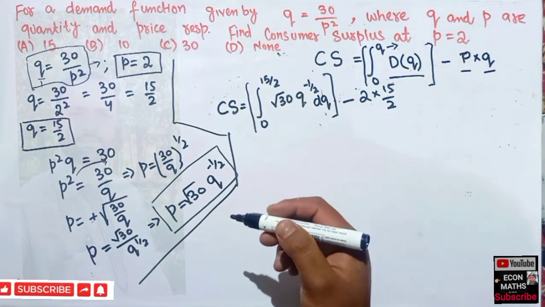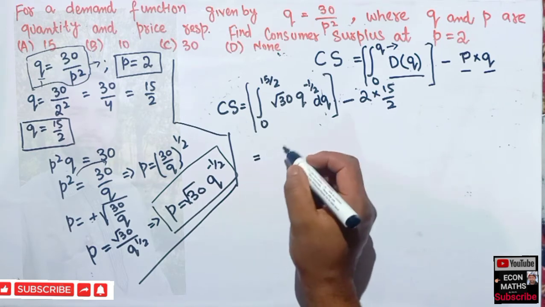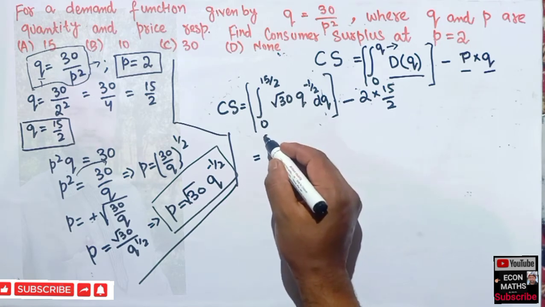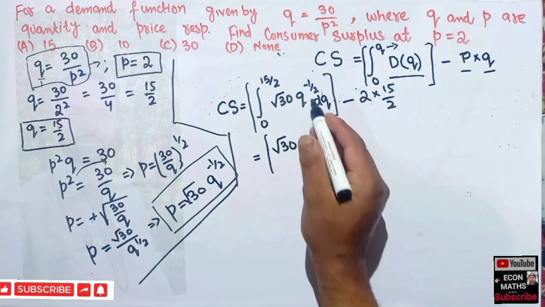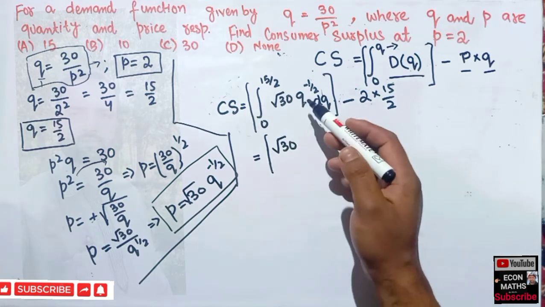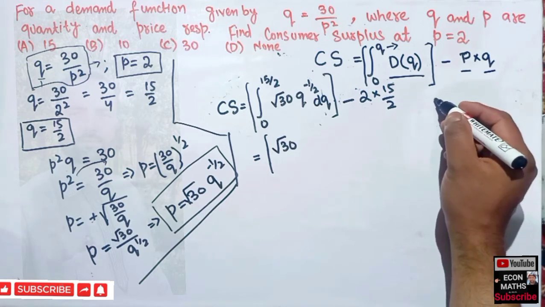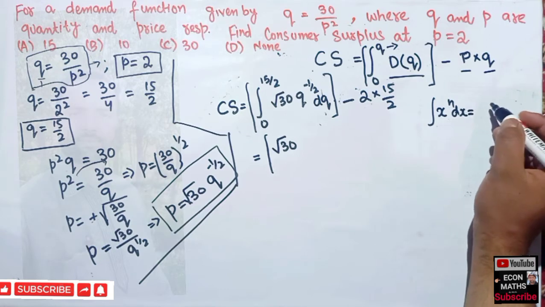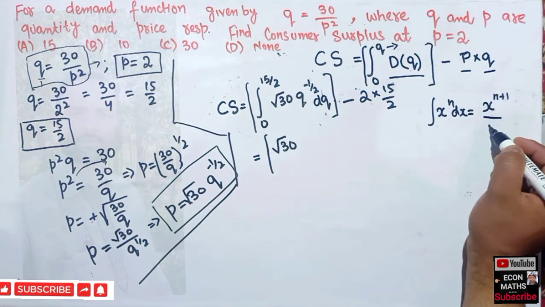Coming to the consumer surplus, we have to integrate this Q to the power minus 1 by 2. For that I will write under root 30 as it is, times the integral of Q to the power minus 1 by 2 dQ. As I have told you, if we have x to the power n dx, its integral is x to the power n plus 1 divided by n plus 1.